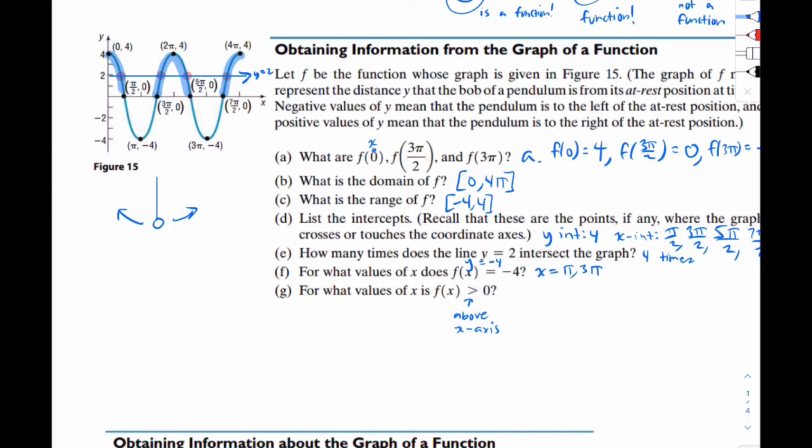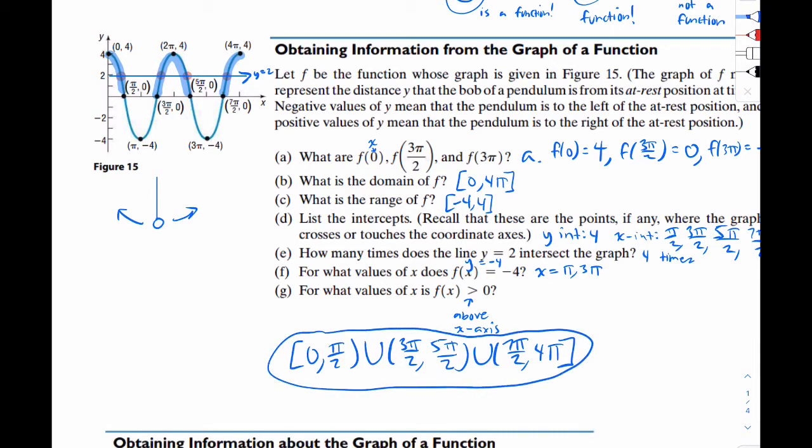Again, we'll use interval notation. That's going to be inclusive 0 to pi over 2 non-inclusive, union, non-inclusive 3 pi over 2 to 5 pi over 2, union, 7 pi over 2 to 4 pi inclusive.